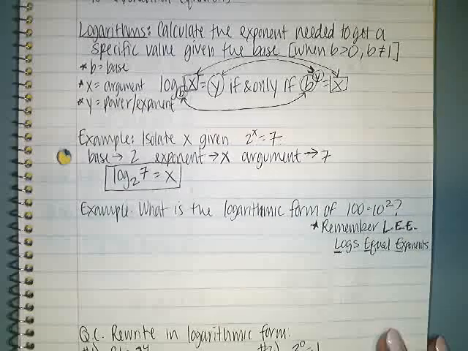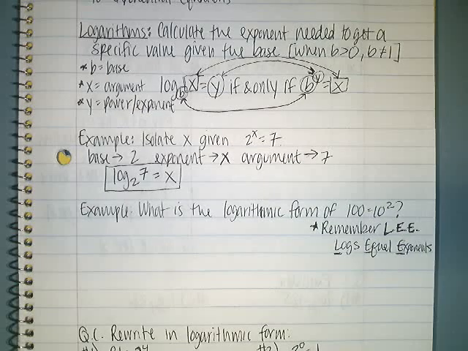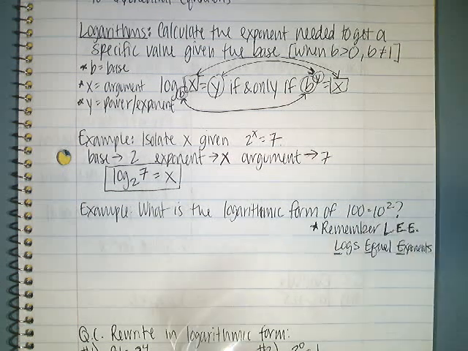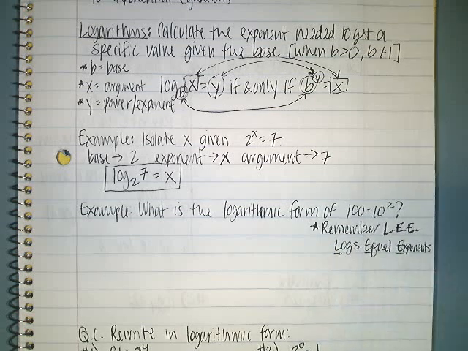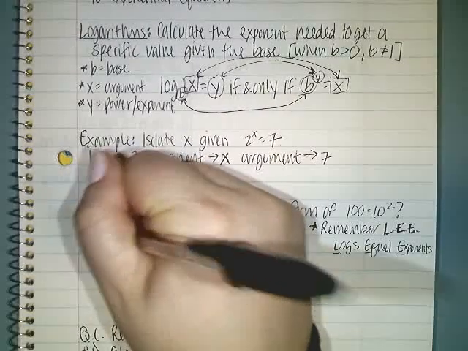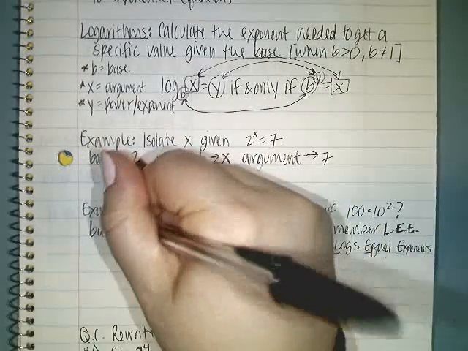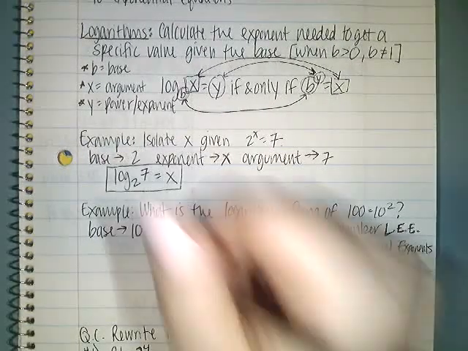I'm going to do one more example. This time there's no variable, so I want us to figure out how I could write 100 equals 10 squared in logarithmic form. Again, this is an expression we know to be true, and I just want to practice rearranging it. Just a reminder, logs equal exponents, so I'm going to define my base, which here is 10. The base is always the number being raised to the power.